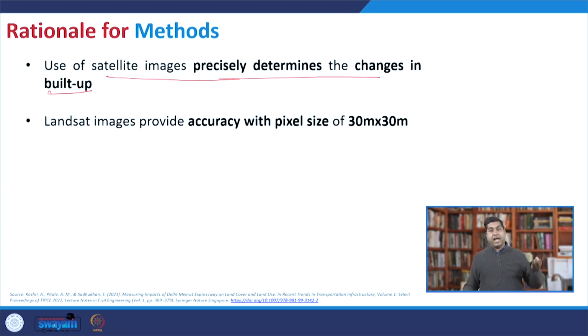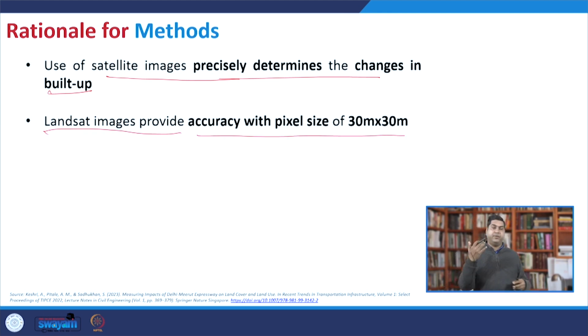But what happened earlier, if you go back, for that we need the temporal data, which can be very easily captured through satellite images, and that's why we have used the Landsat images from 2013 to 2022. Landsat images provide accuracy with a pixel size of 30 meter by 30 meter.